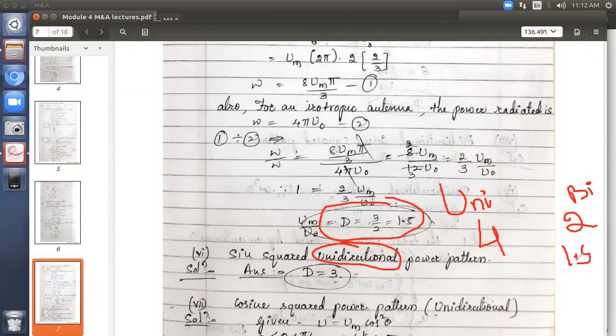It is 1.5. So tell me, for unidirectional what it will be? It will be double the value, which is 3. Or bidirectional will be half of the unidirectional. 1.5 into 2, you will get 3. You can calculate this manually. You can solve the problem. You will get answer as 3.